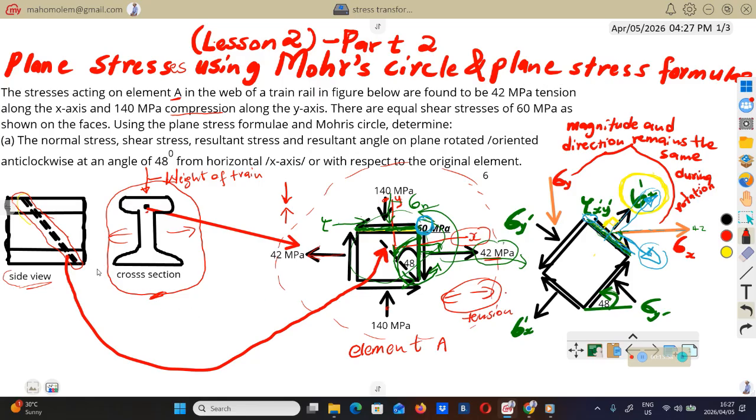So in practice, we use this method to find the stresses along the joint, especially the joint that will be inclined or at an angle. So you will find the stress that will develop there, which is going to be the maximum stress.